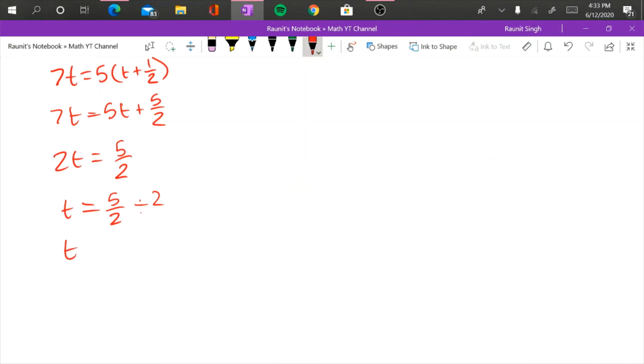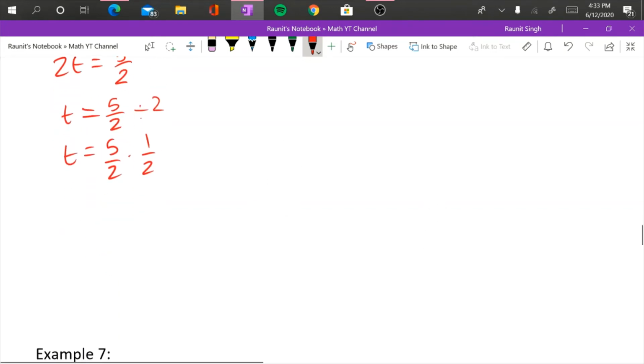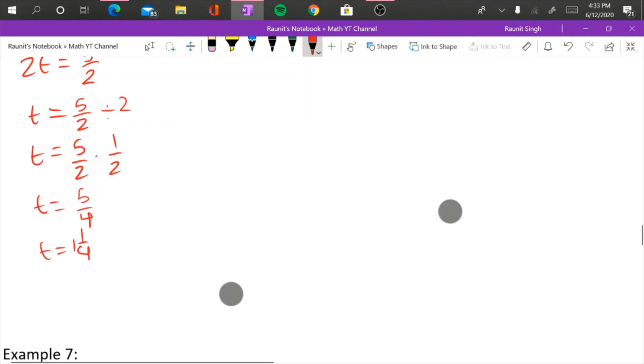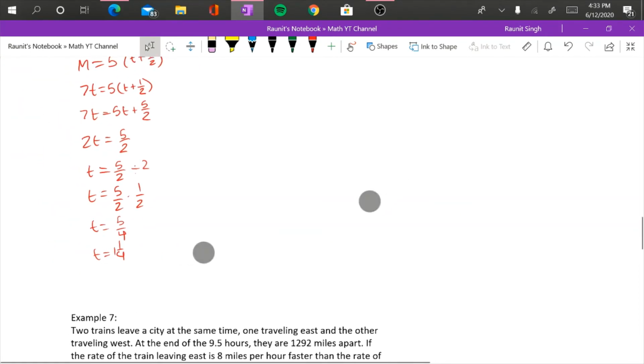So basically, t is equal to 5 over 2 times 1/2. So t is equal to 5 over 4, which means it will take her 1 1/4 hours to catch up, which is 1 hour and 15 minutes.